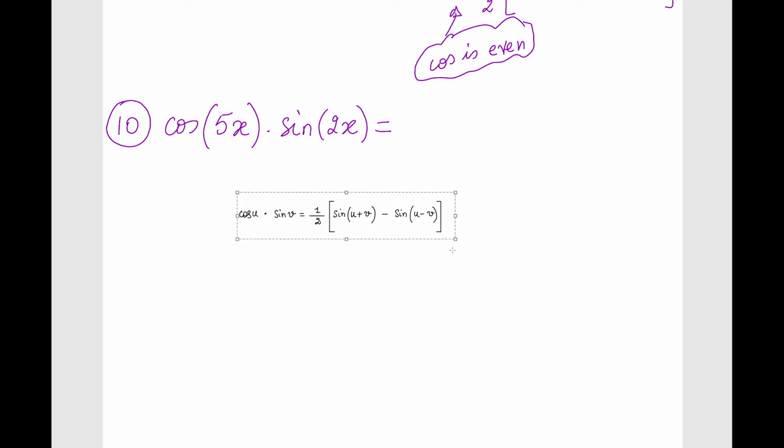Who's gonna be our u, who's gonna be our v? Apparently the u is gonna be the 5x, and the sine is acting on v, so the v is gonna be 2x, correct? So I'm gonna use this as usual with u being 5x and v being 2x.